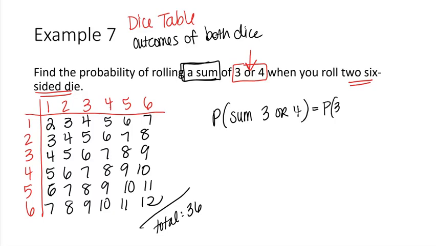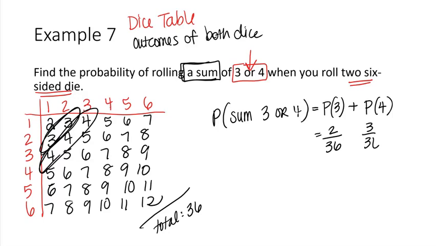So I can look at just the probability of rolling a sum of 3. Well, the 3 shows up in my list 2 out of the 36 times. Or, it tells me to then add that to the probability of rolling a 4. Well, the 4 shows up 3 times in my list. Is there any overlap? Well, no. Notice that 3 and 4 are separate results.